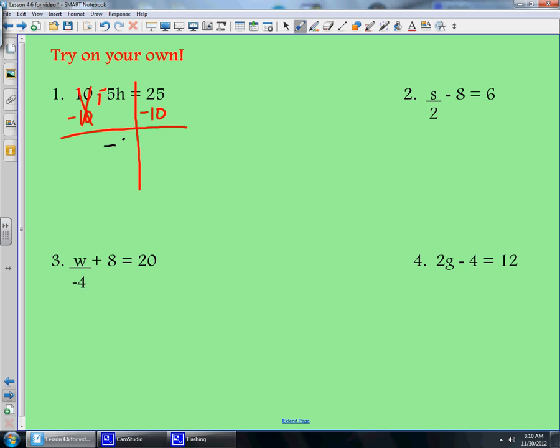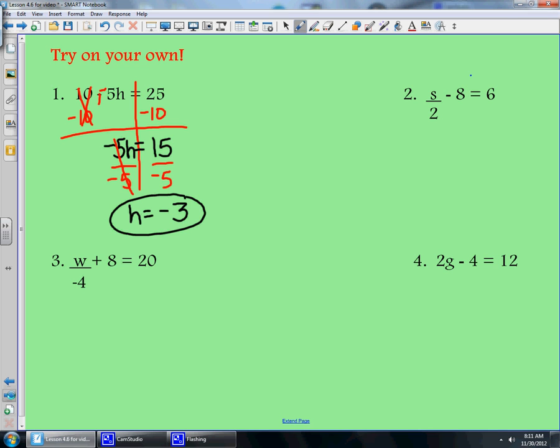So we have negative 5h equals 25 minus 10 is 15. And we're going to divide by the coefficient, which is negative 5. Negative 5h divided by negative 5 is just h, is equal to 15 divided by negative 5, which is negative 3.